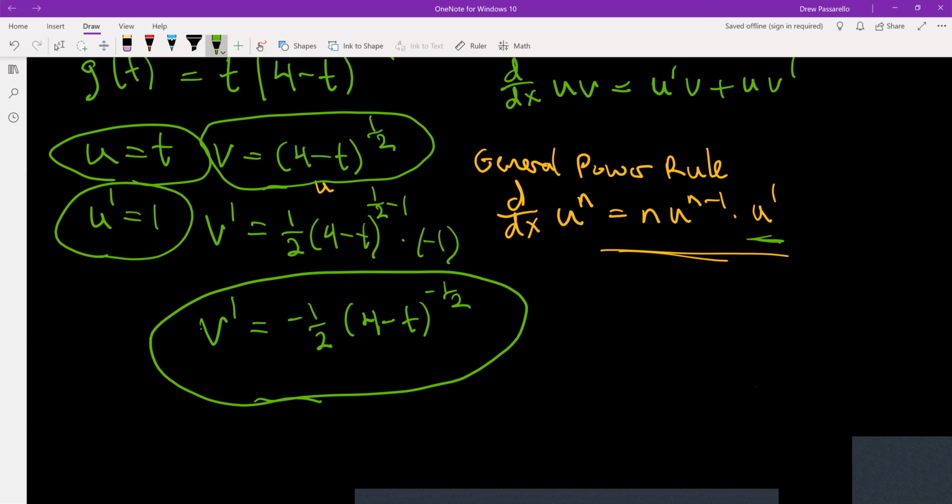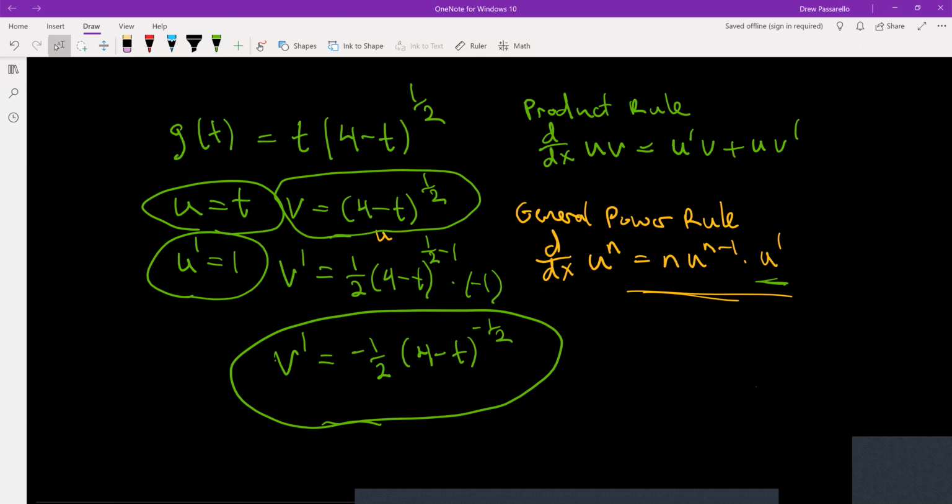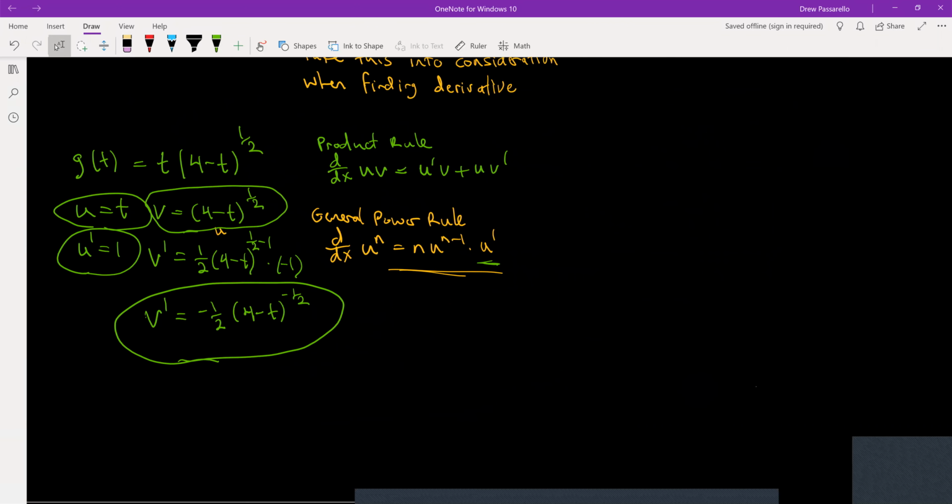So based on our product rule, g prime of t is going to equal u prime times v. u prime is 1, and then v is the 4 minus t raised to the 1/2. Then plus u, which is t, times v prime, which is the negative 1/2, 4 minus t to the negative 1/2.